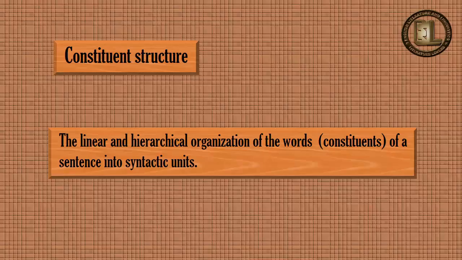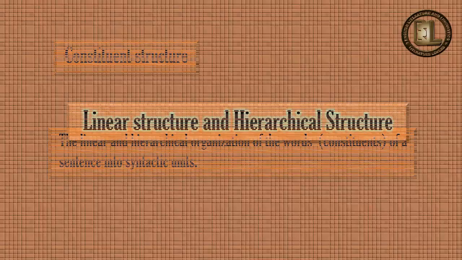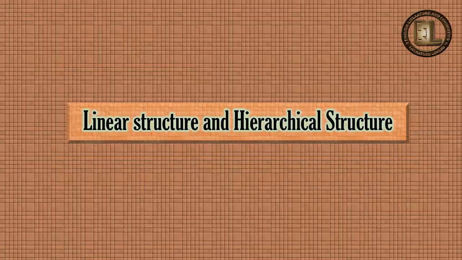In this definition, we came across two terms: the linear structure, or linear order, and the hierarchical organization, or hierarchical order, of constituents. So let's see what these two terms mean.